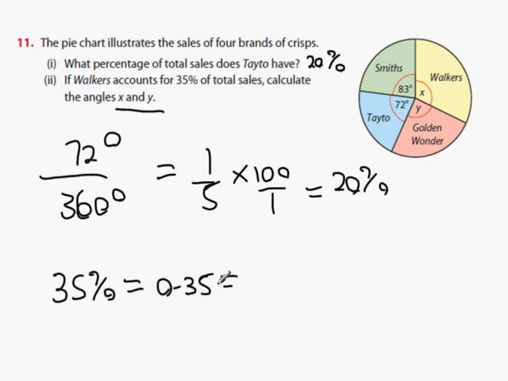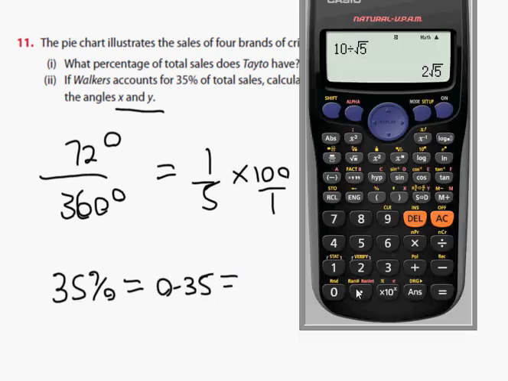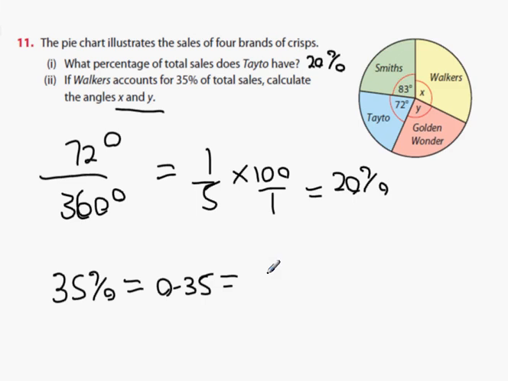And what's 0.35 in fraction mode? 7 out of 20. Now, please remember, in a circle, 100% is 360 degrees. We want to find out what 35% is. So what do you think we can do?